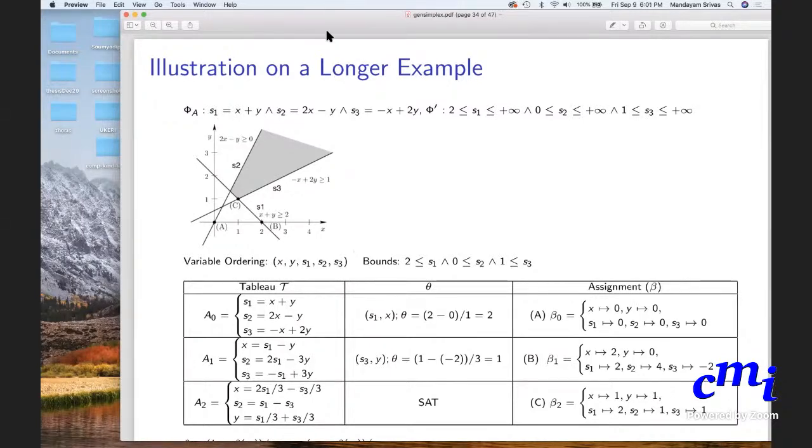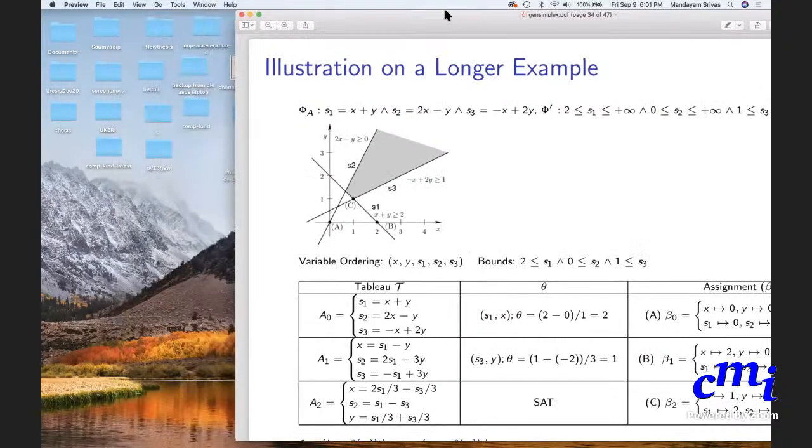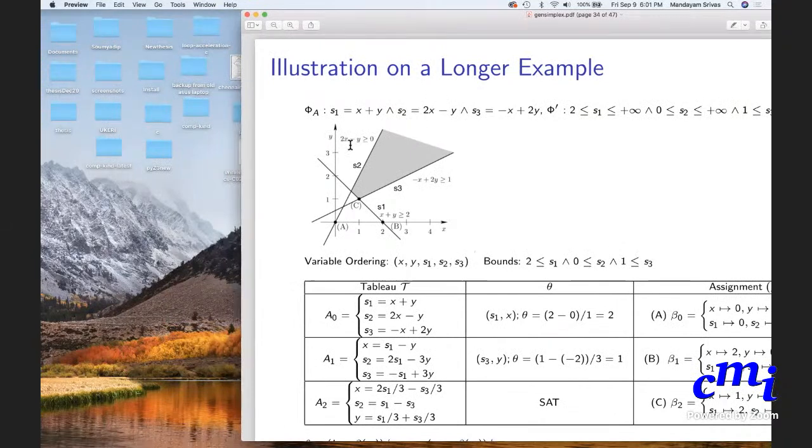The original constraints are: 2x minus y greater than or equal to 0, minus x plus 2y greater than or equal to 1, and x plus y greater than or equal to 2. That is now transformed into a tableau with an additional variable introduced for each of these terms.